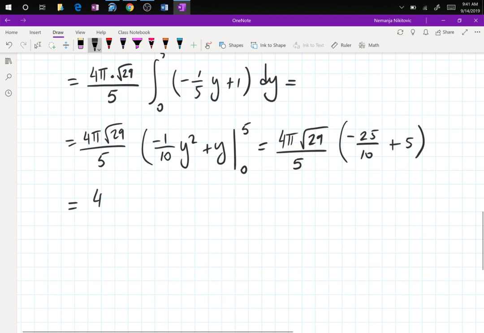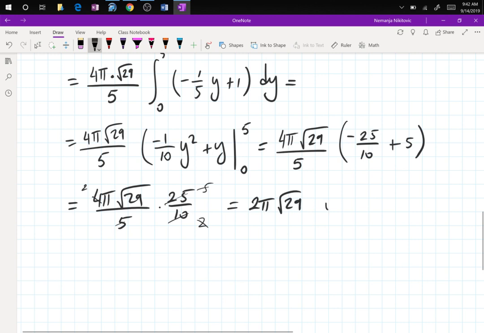So 5 pi square root of 29 over 5, and then this is 25 over 10. These guys will cancel to a 5. Then the 5 cancels with a 10 for a 2. Then 2 cancels with a 4 for a 2. And the answer is 2 pi root 29 units squared.